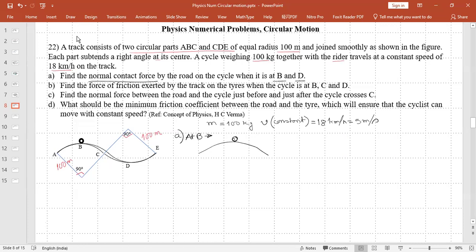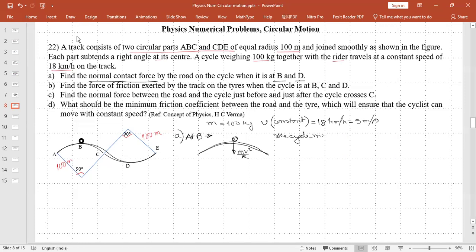This is the cycle, and the cycle is moving in the arc. So the cycle needs a centripetal force of mv square by r.